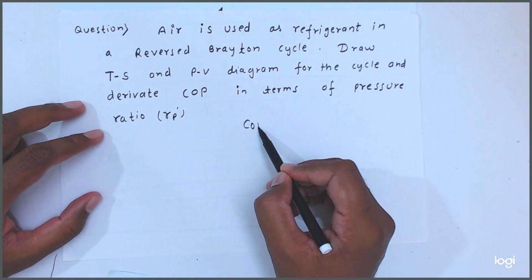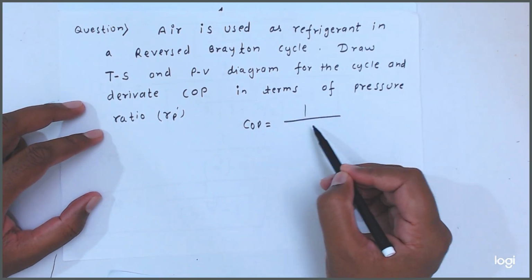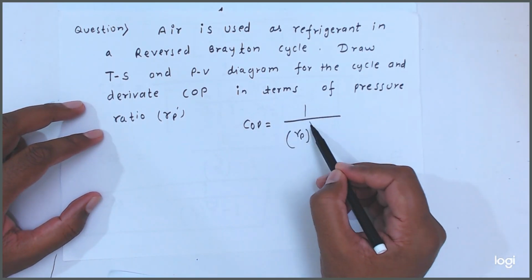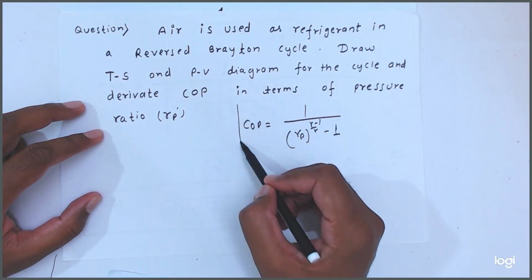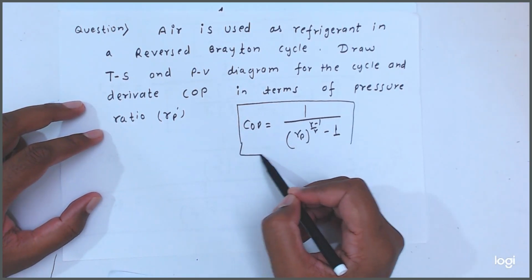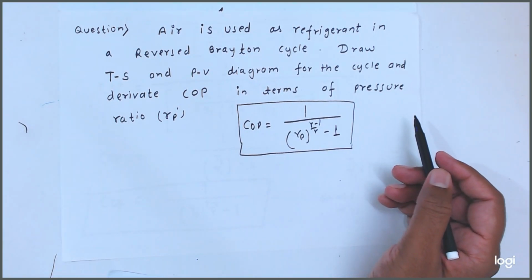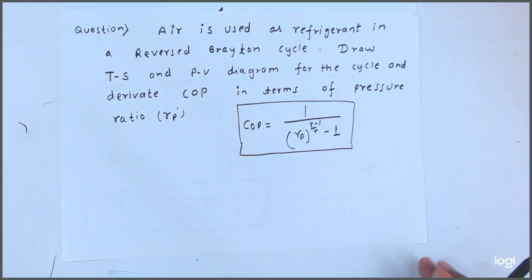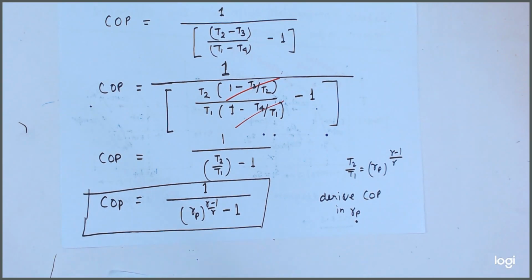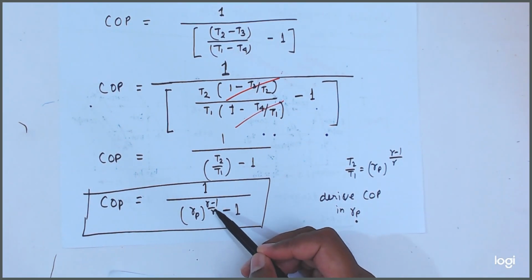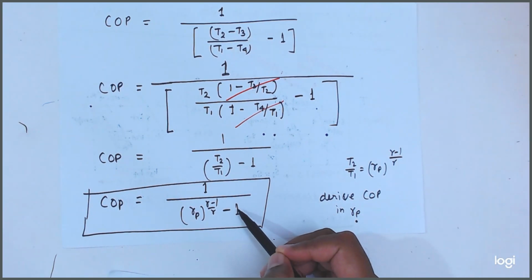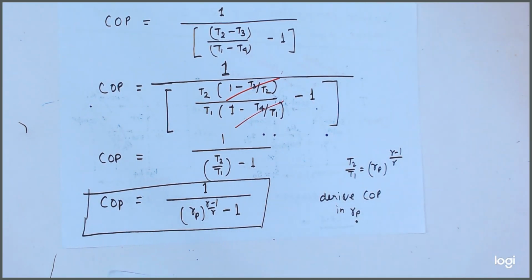So COP is equal to how much? 1 upon Rp to the power gamma minus 1 upon gamma minus 1. So we have to derive this equation. Okay, getting, friends? So now we derived here COP equal to 1 upon Rp to the power gamma minus 1 upon gamma minus 1. Okay, friends, any doubt you can ask me in the comment box.